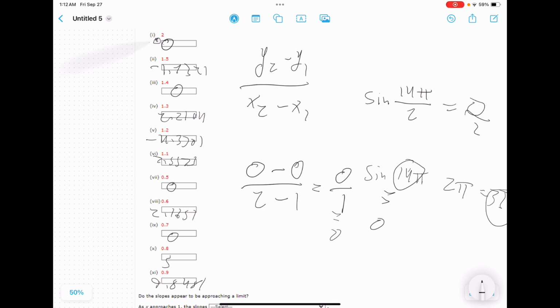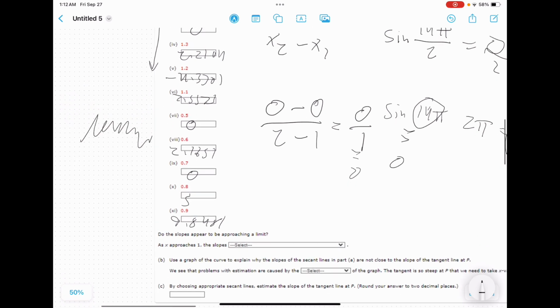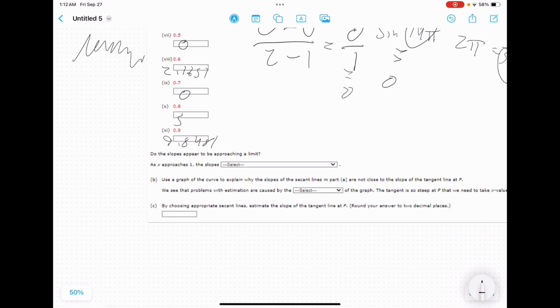While the value of x goes down, y2 is sometimes going down and then going up and then going up again and then down. So it has a really oscillating pattern to it. So as x approaches 1, the slope doesn't really appear to be approaching any value.